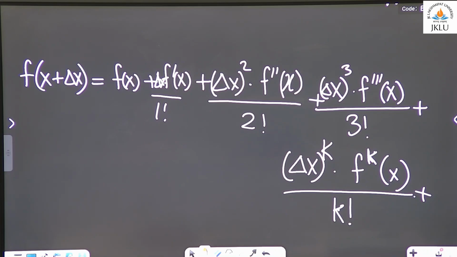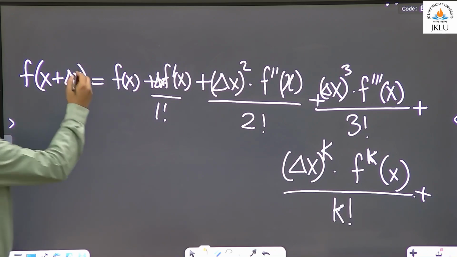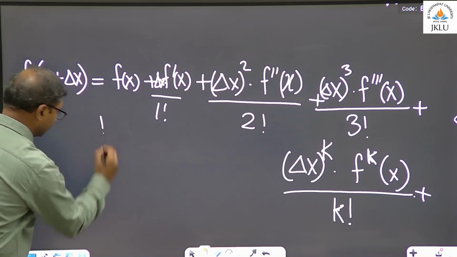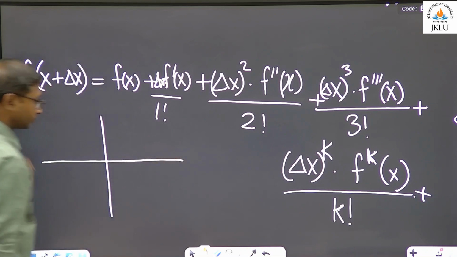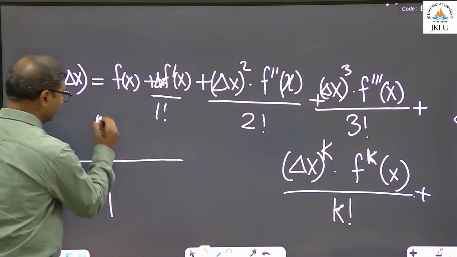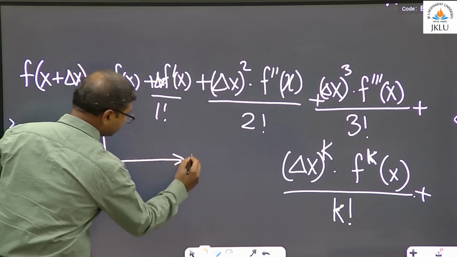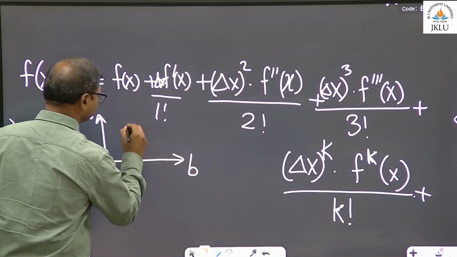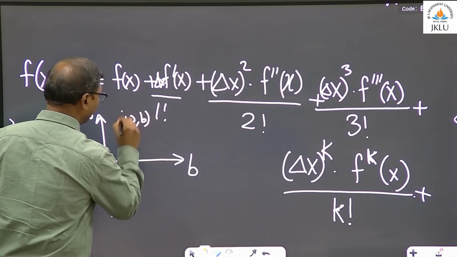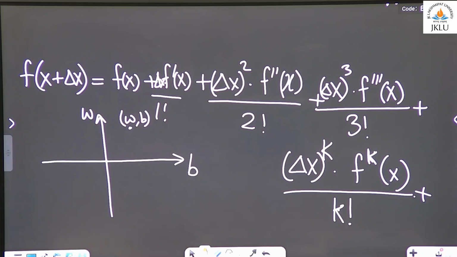What is it that we are looking for? See, this is my coordinate. I am in the WB plane now, that same thing that we have been discussing. I am here at W comma B. What do I want to do?